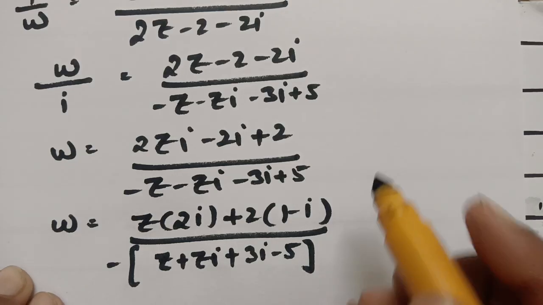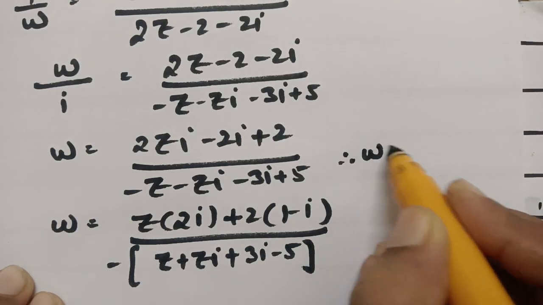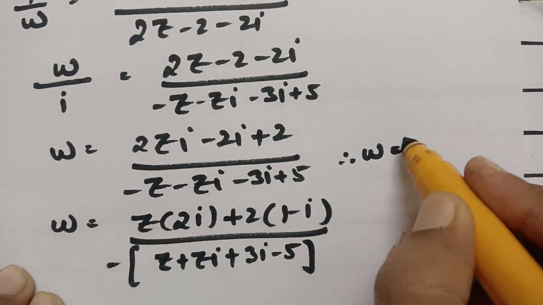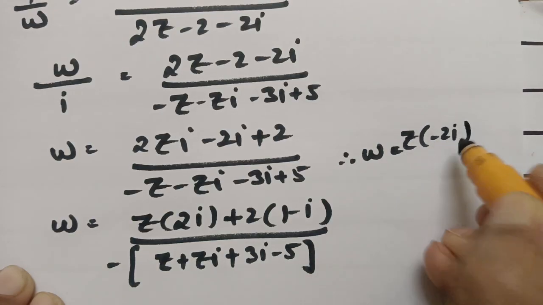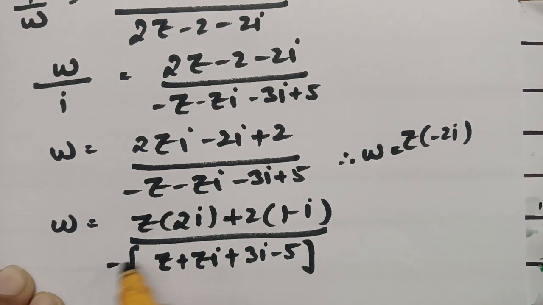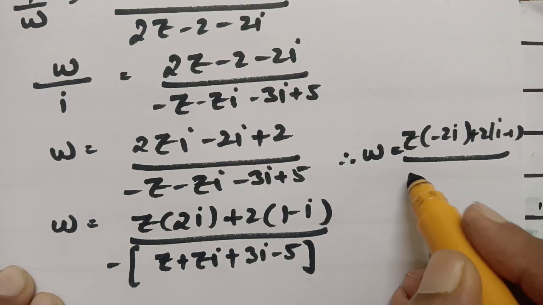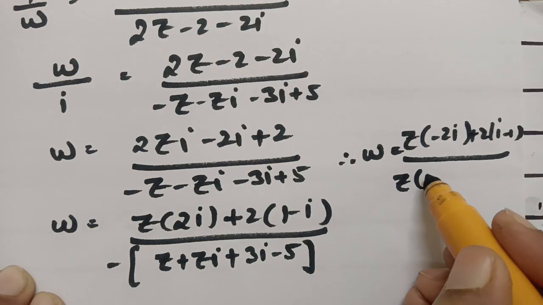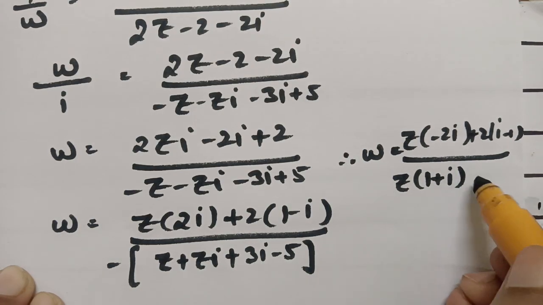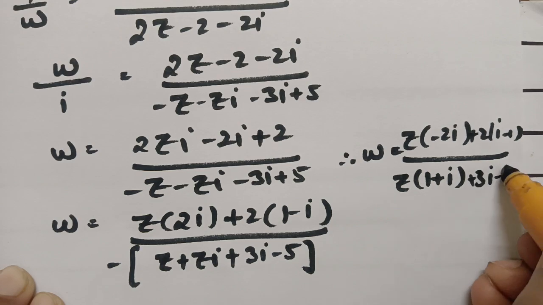Therefore w is equal to, if I send z to the numerator, z times of minus 2i, and if I multiply with minus, 2 times of i minus 1 comes in front, divided by, if I take z common, 1 plus i plus 3i minus 5.